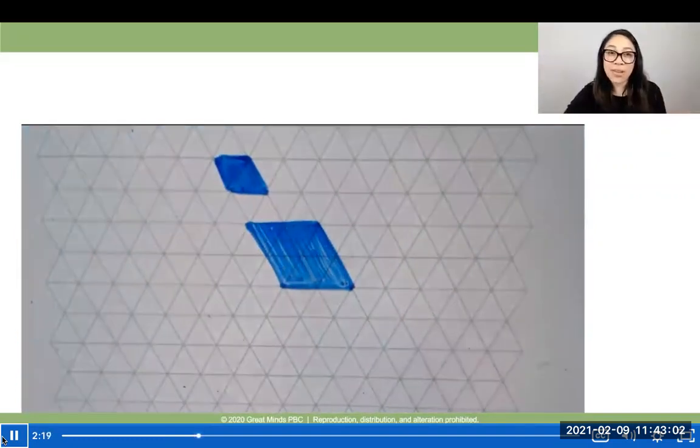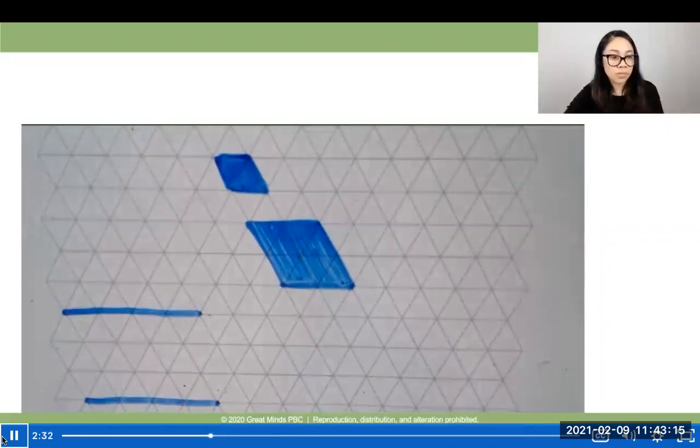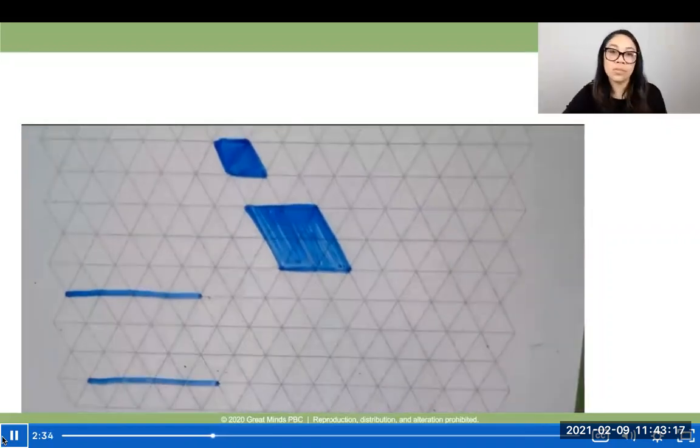Now that we've drawn and shaded in two rhombuses, let's draw a pair of parallel segments that are the same length. Let's now draw two more segments that are parallel and the same length.